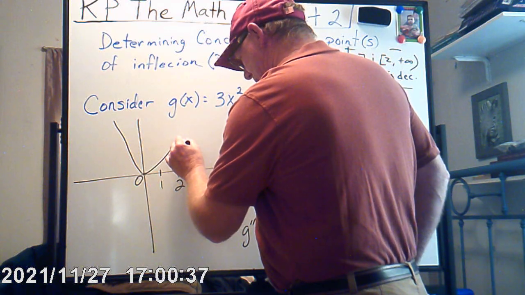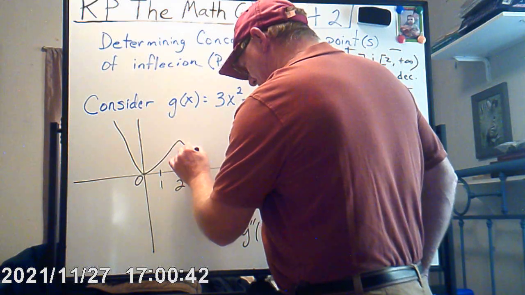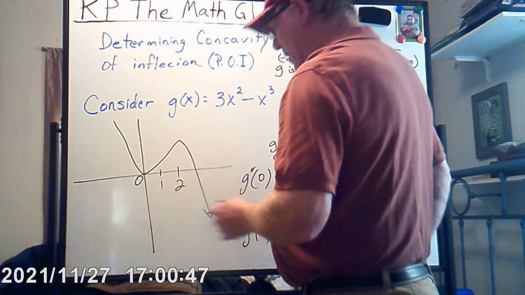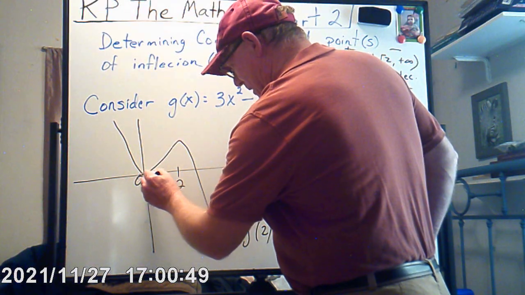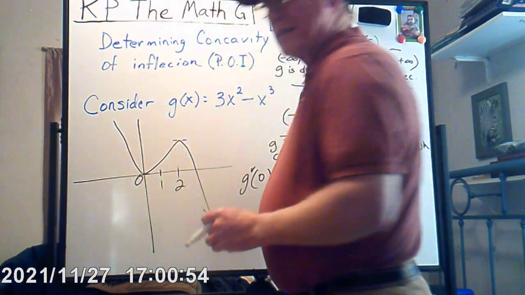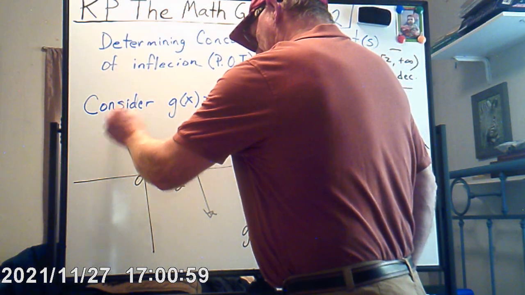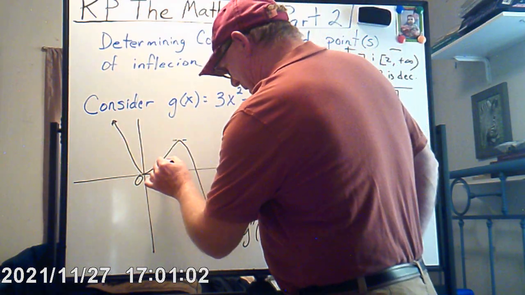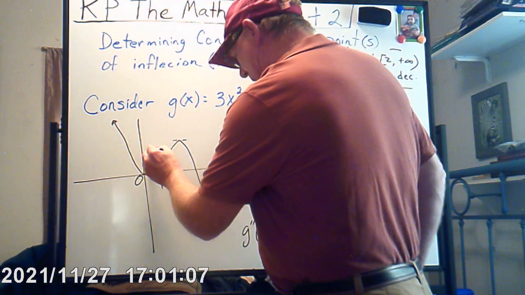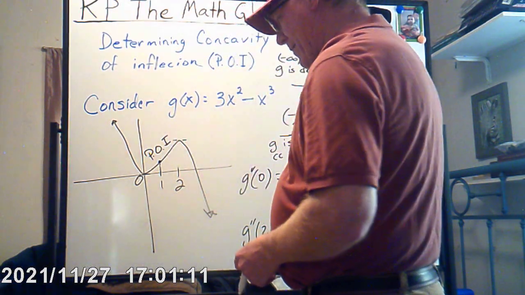So it increased from 0 to 2, just like we found a while ago. And then from here it went down like this. From the first derivative, our max is at x equals 2 and our minimum is at x equals 0. And what we're finding here is the place of concavity. This is actually the point of inflection here.